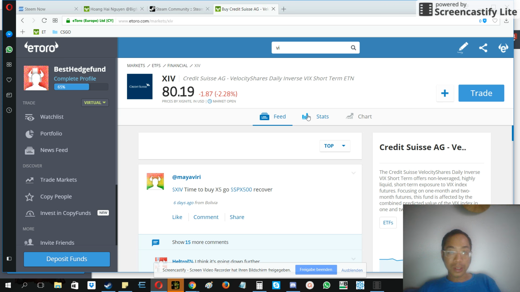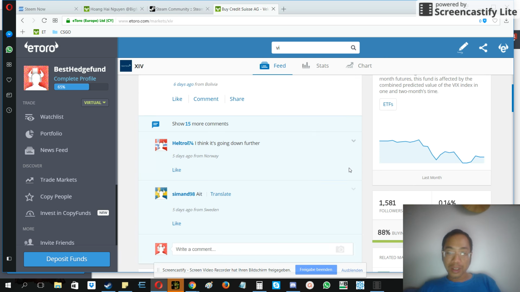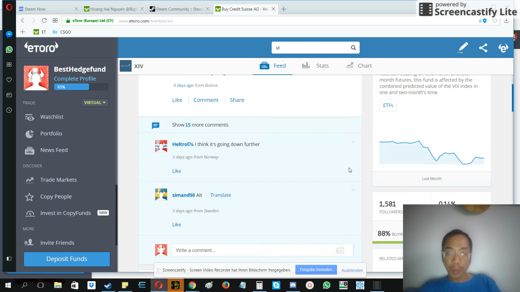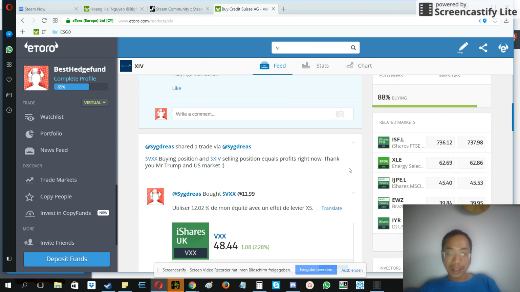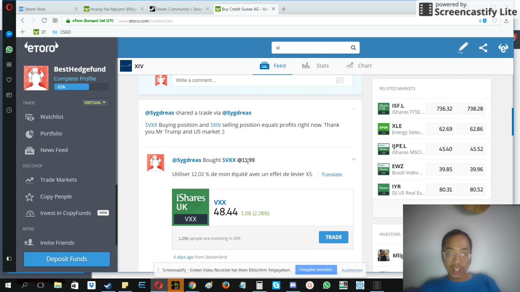It's exactly the opposite. Right now you can see this one is 2% down and the other is 2% up. So it's always going exactly the opposite, so they always equal each other out.